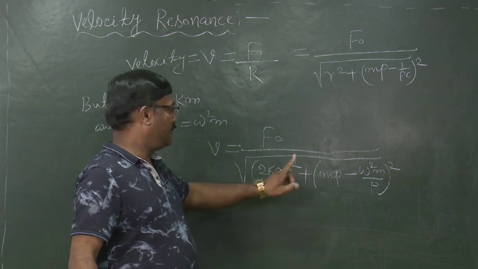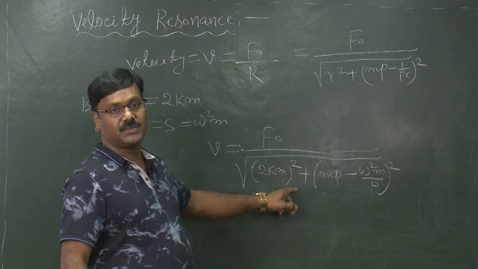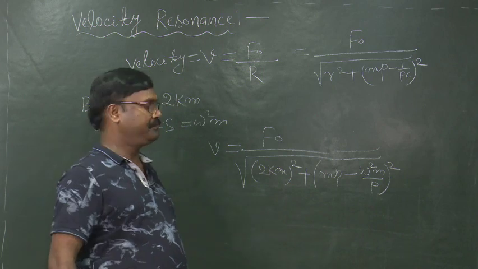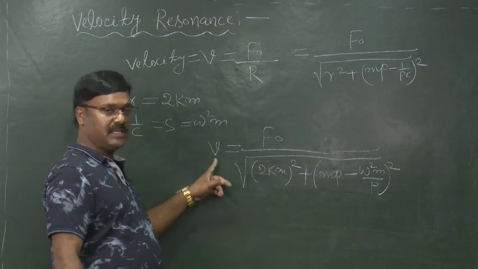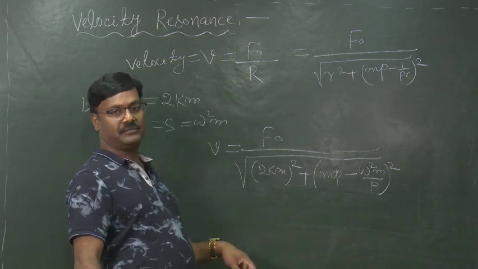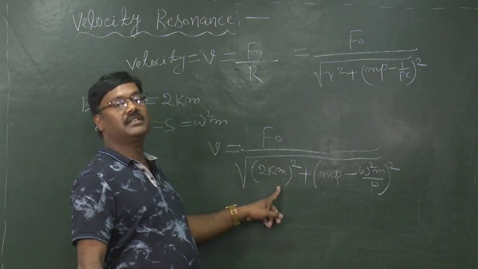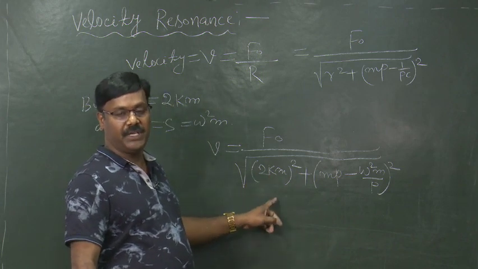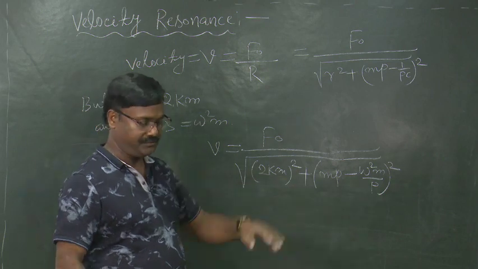That means the variation of this factor with respect to p becomes 0. So, to get the maximum velocity, we have to differentiate the denominator with respect to p and equate it to 0.